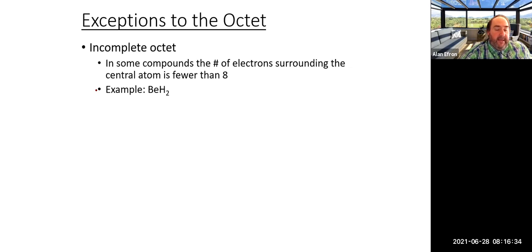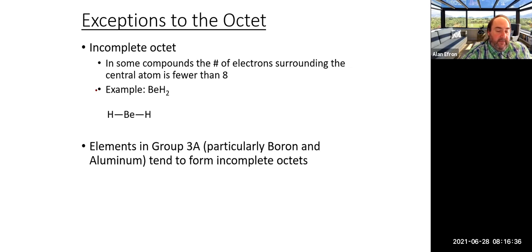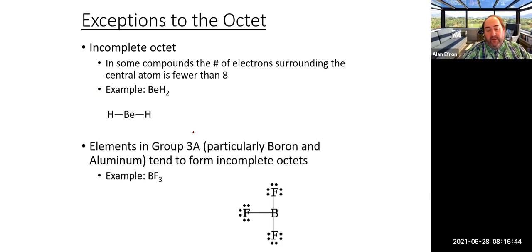The first type of exception is what is referred to as an incomplete octet. And an incomplete octet is pretty much what it sounds like. In an incomplete octet, we basically have less than 8 valence electrons around it. And there are certain elements that are perfectly fine and perfectly happy in that situation.